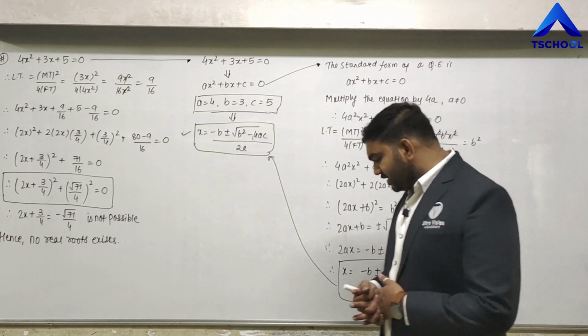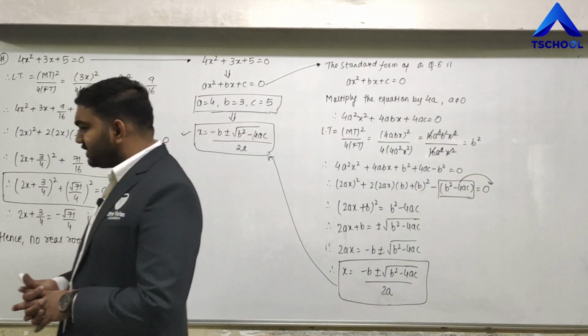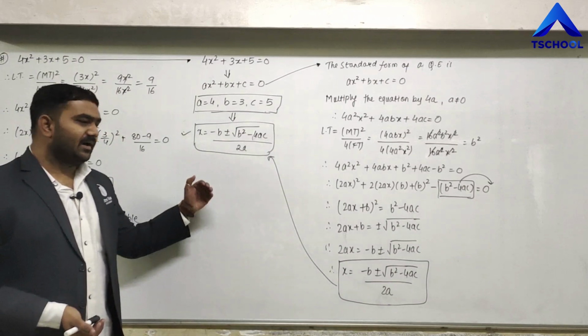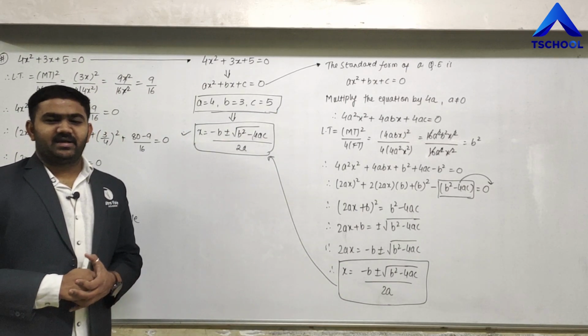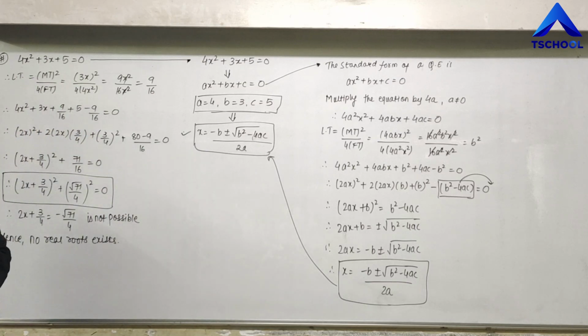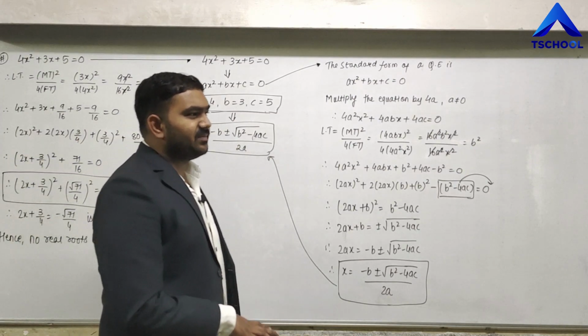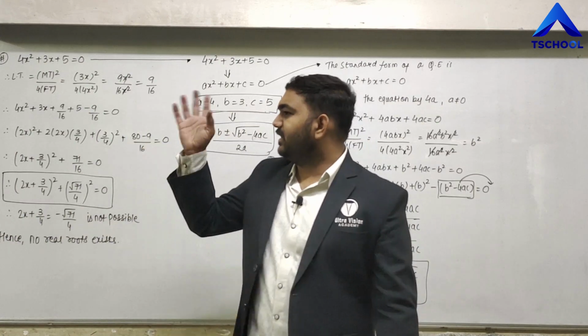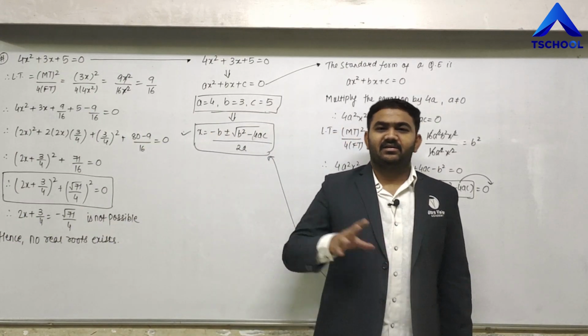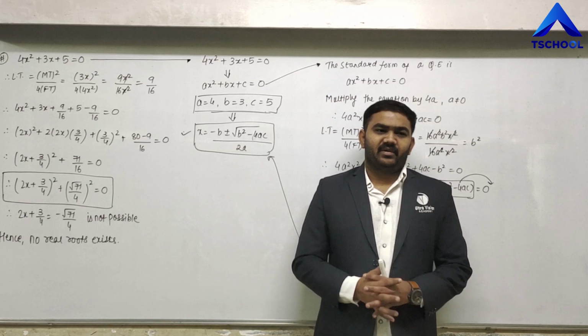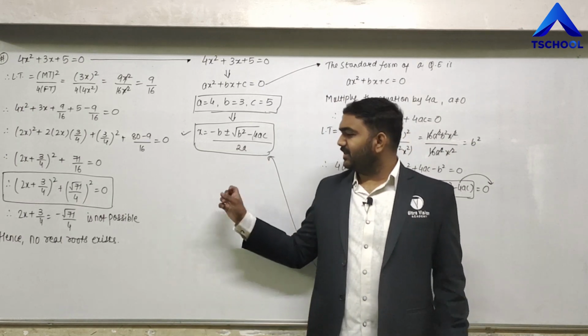So in this method, what you are going to remember is this formula, and you can solve any of the sums available in the textbook by this method. Any sums, whether given in the factorization method, the completing a square method, or the quadratic formula, you can solve any kind of sums by this formula.